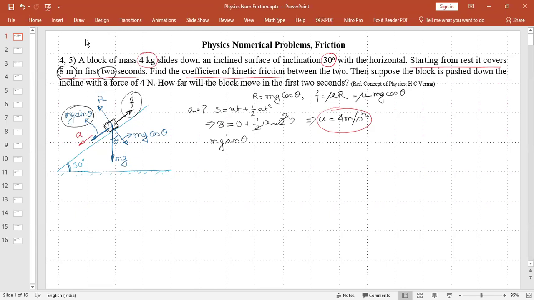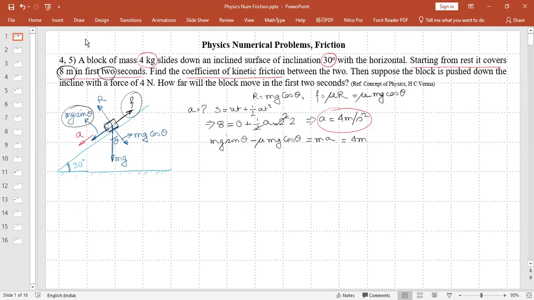So this force minus the upward force will create the acceleration A. So mass into acceleration A, which is equal to 4 into mass m.